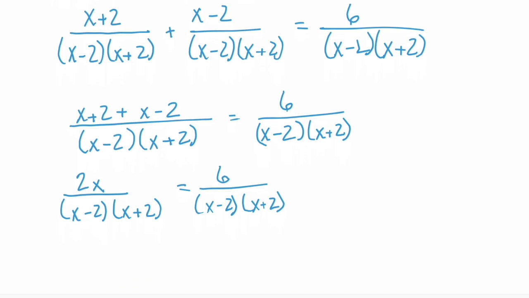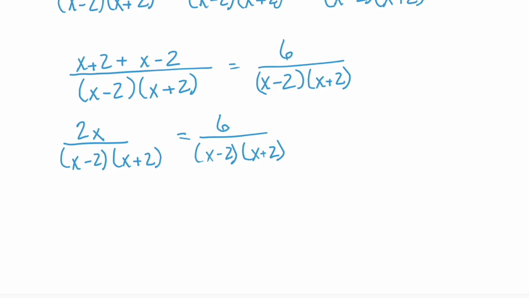Since our denominators are the same, we know that the numerators need to be the same in order for these two sides to be equal, which means we're solving 2x equals 6 to finally get that solution for what x is. So divide by 2, and you see that x equals 3.